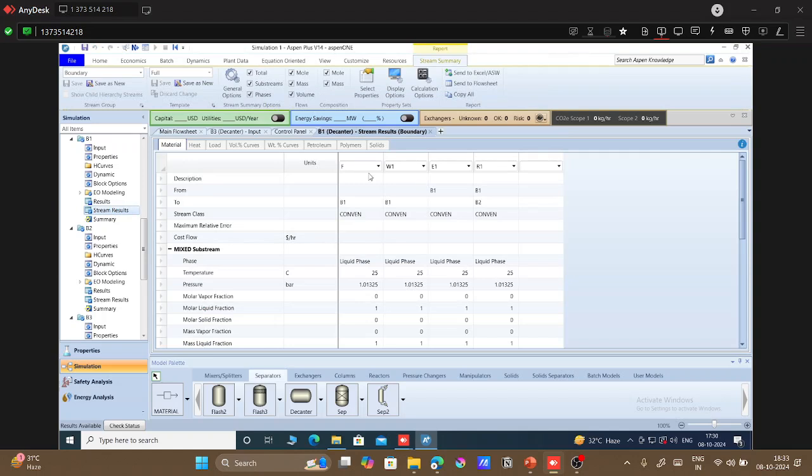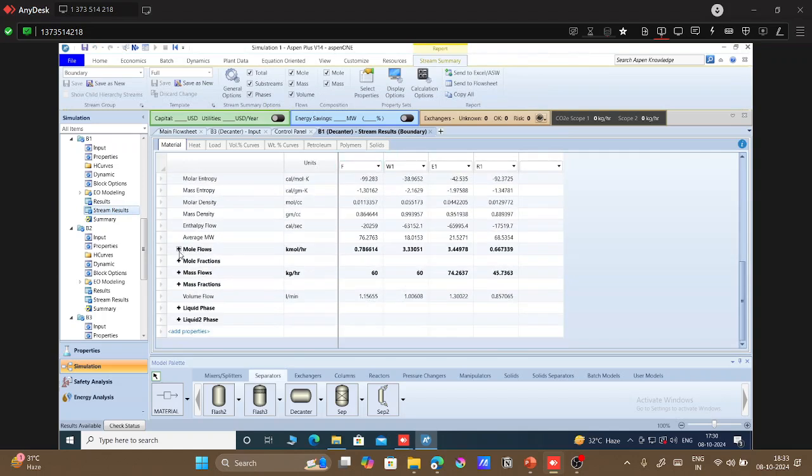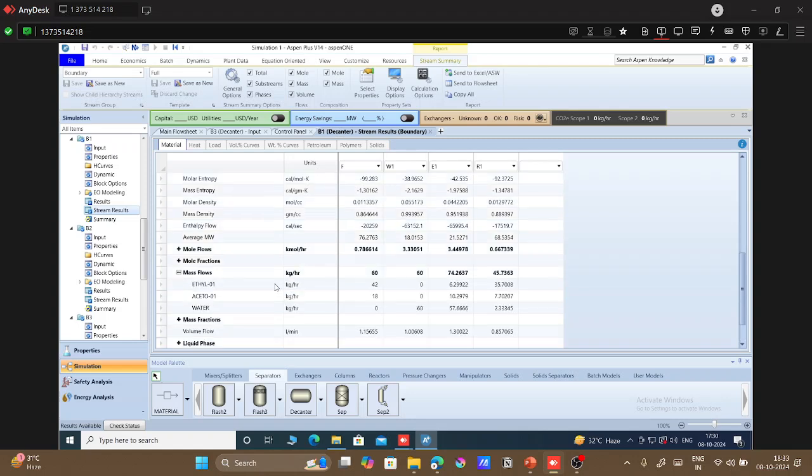In decanter 1, we had our feed coming in, and water coming in with a mass flow rate of this many kg per minute. Water was being added as a solvent. So in our extract, as we had discussed, the major component will be water.